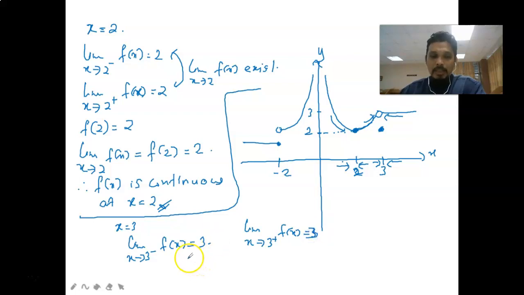So we say that the limit as x approaches 3 of the function f(x) equals 3, and it exists.